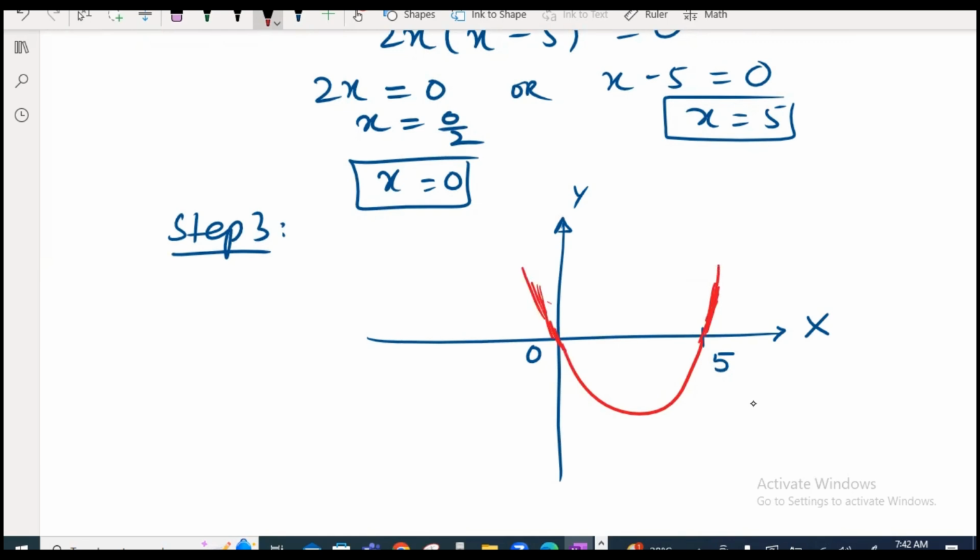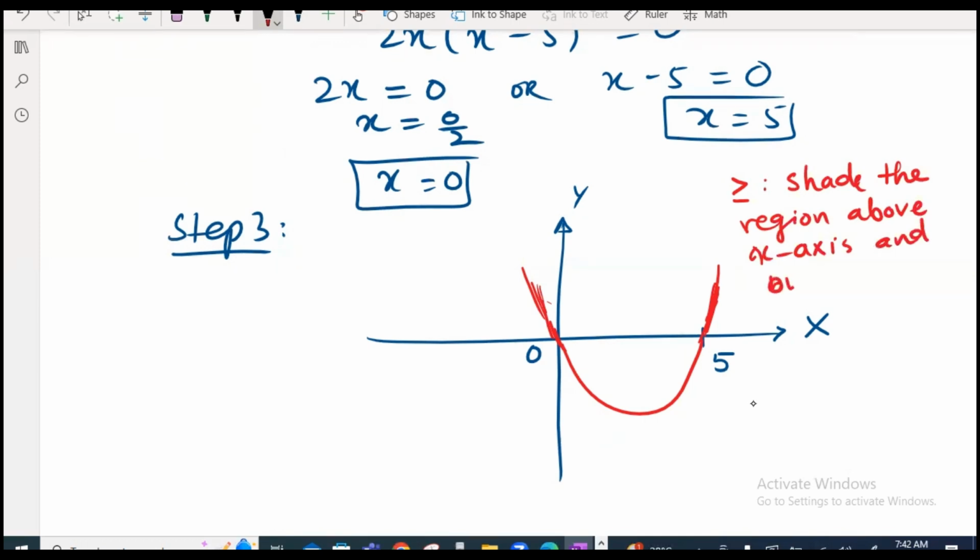And for the greater than or equal to sign, shade the region above the x-axis and beyond the curve, or outside the curve.